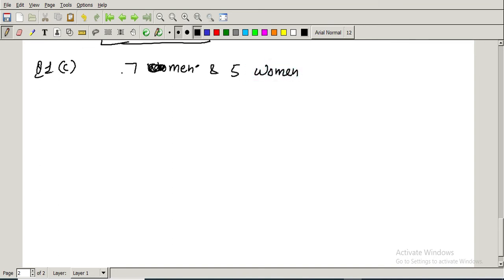They are saying that in a circular arrangement, you have to arrange these 7 men and 5 women in a way that no 2 women sit together.